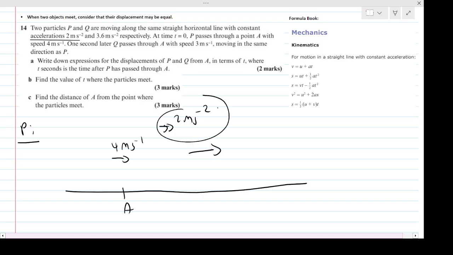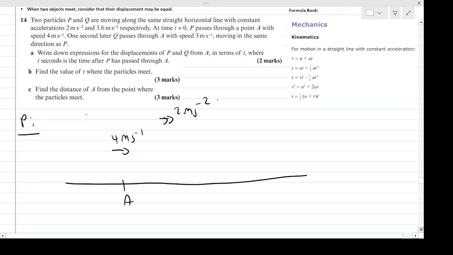If it's positive, it'll be speeding up, so the velocity will always be getting bigger. It will get bigger and bigger, speed up and go faster. It will never move backwards. Anyway, so the acceleration is 2. And that's all we're told for P.